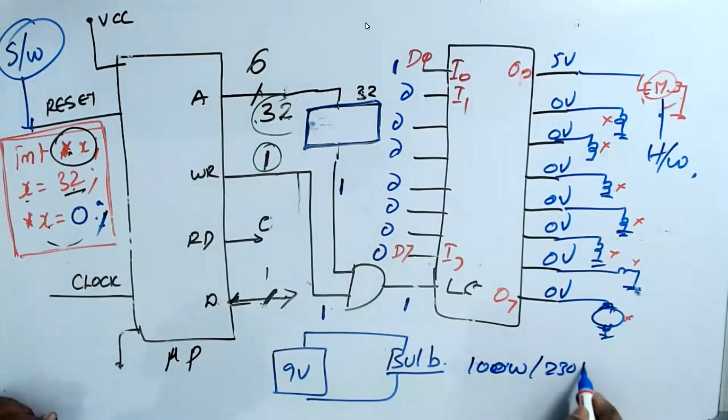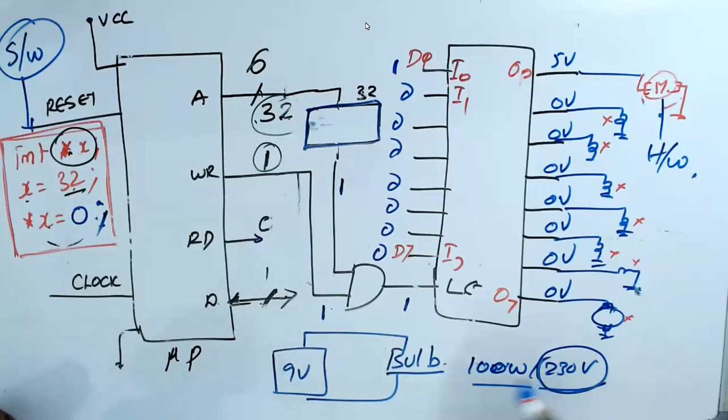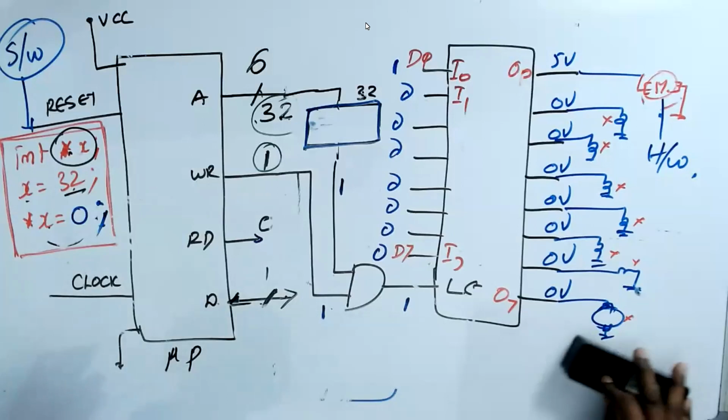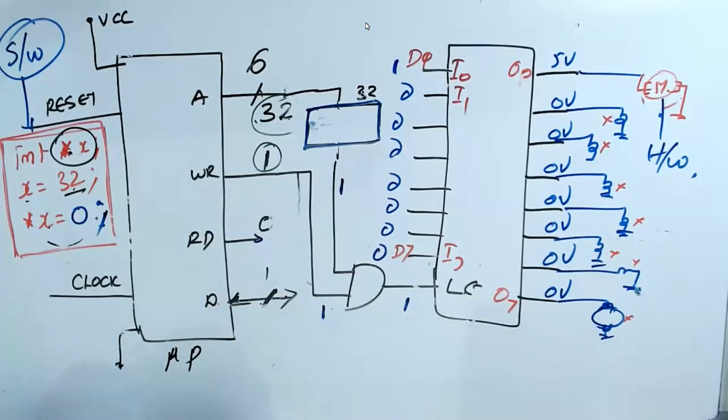But you are giving how much supply? 9 volt. Will the bulb glow or not? No, it will not, because you are supposed to apply 230 volts, but you are giving only 9 volts. So the bulb will not glow. Current will flow, but the bulb will not glow. That is called rating.